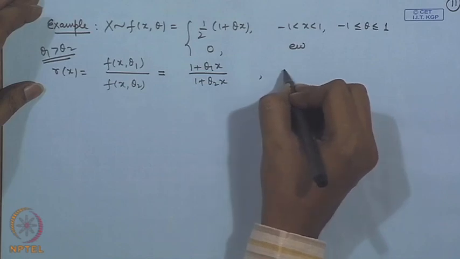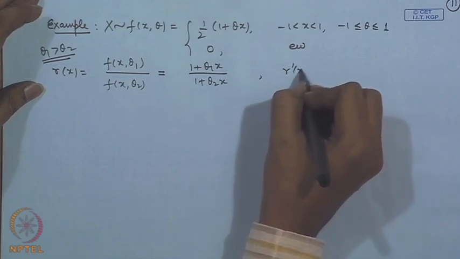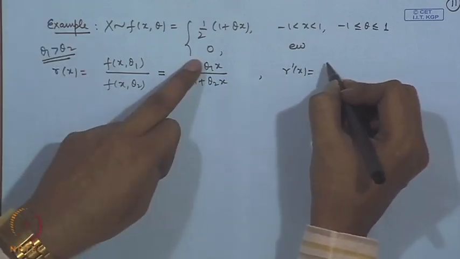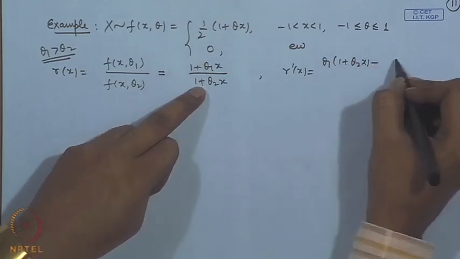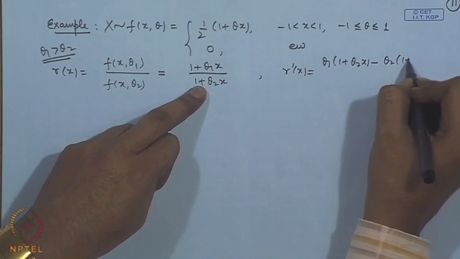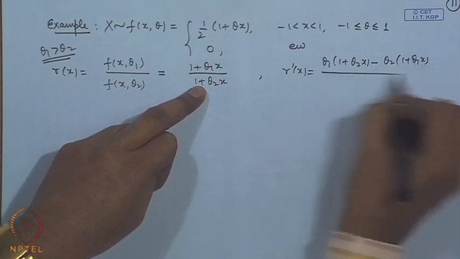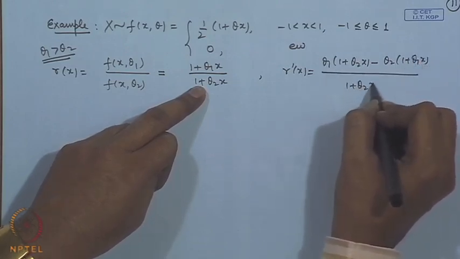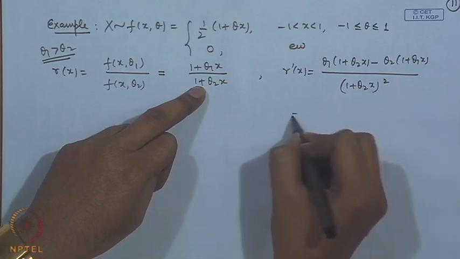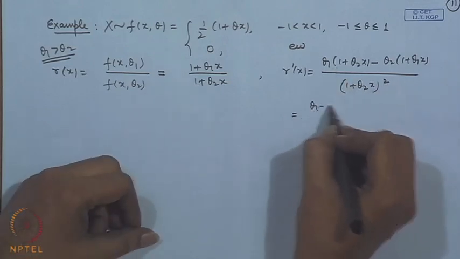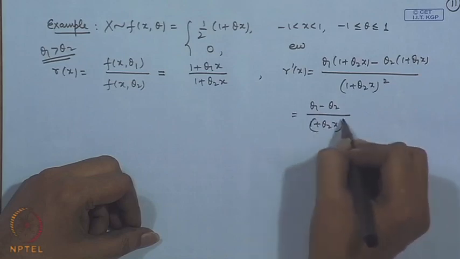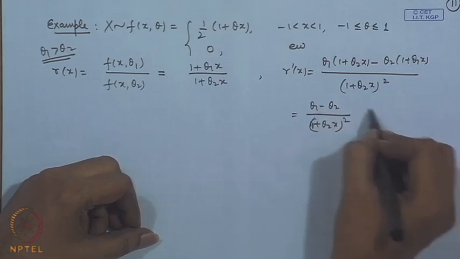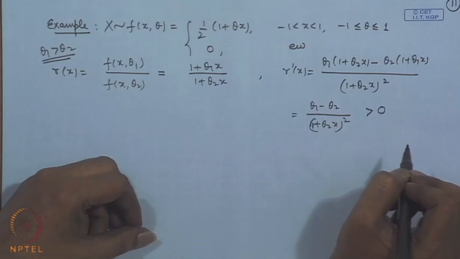Let us look at, for example, what is derivative of this. So, derivative will give you theta 1 into (1 plus theta 2 x) minus theta 2 into (1 plus theta 1 x) divided by (1 plus theta 2 x) whole square. So, this is equal to (theta 1 minus theta 2) divided by (1 plus theta 2 x) square, and since theta 1 is greater than theta 2, this is positive.